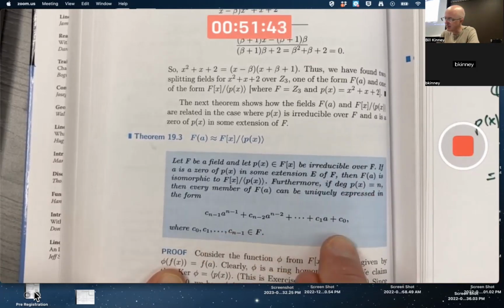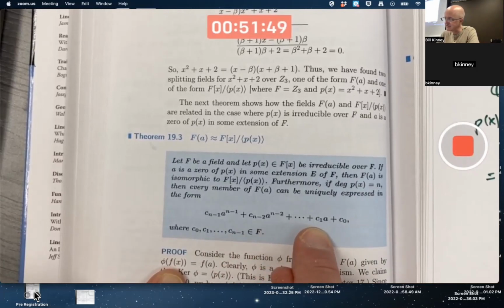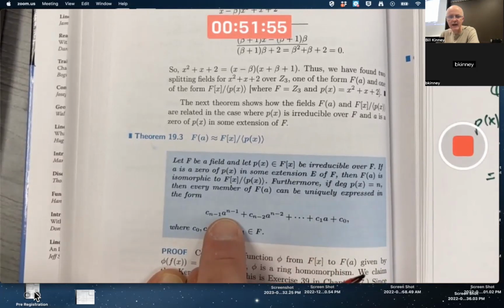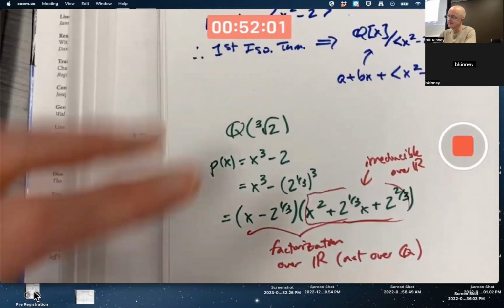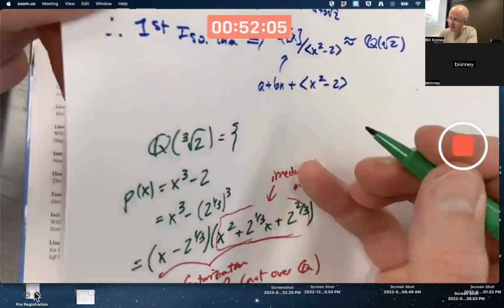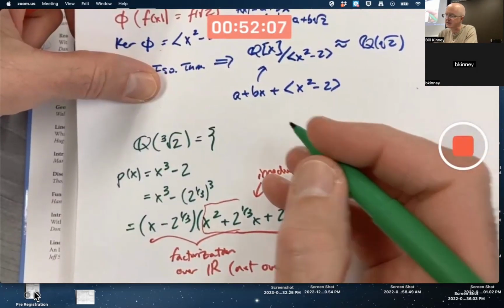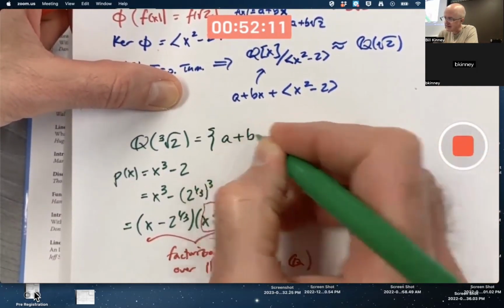So this would imply every element of this field extension can be written as a linear combination like this, with a equal to 2 to the 1/3, and n is 3, so the highest power of a will be 2. The book uses c's as the coefficients. I'm going to go simpler. Use a, b, and c.